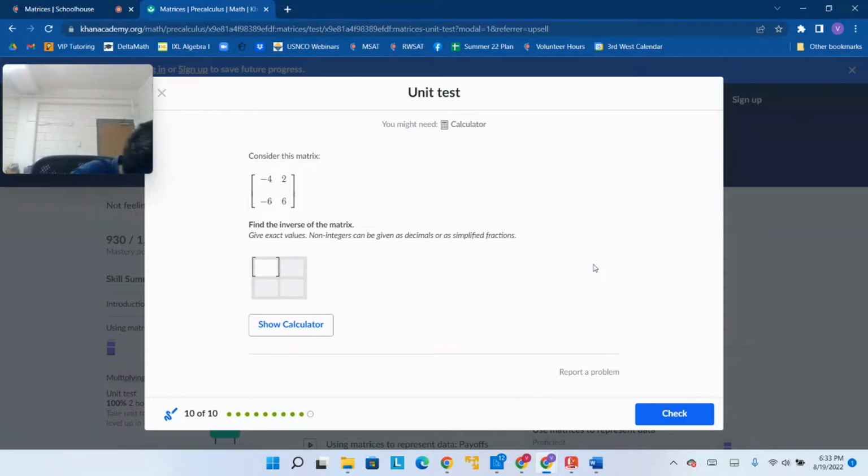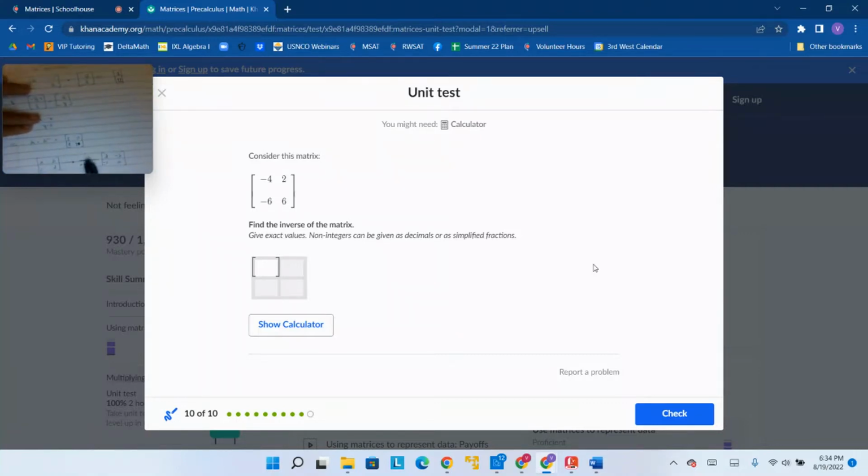And our formula for the inverse is 1 over the determinant, AD minus BC, times D where A was, negative B in the place of B, negative C in the place of C, and A. There. So it's going to look like this. This is the inverse of that.